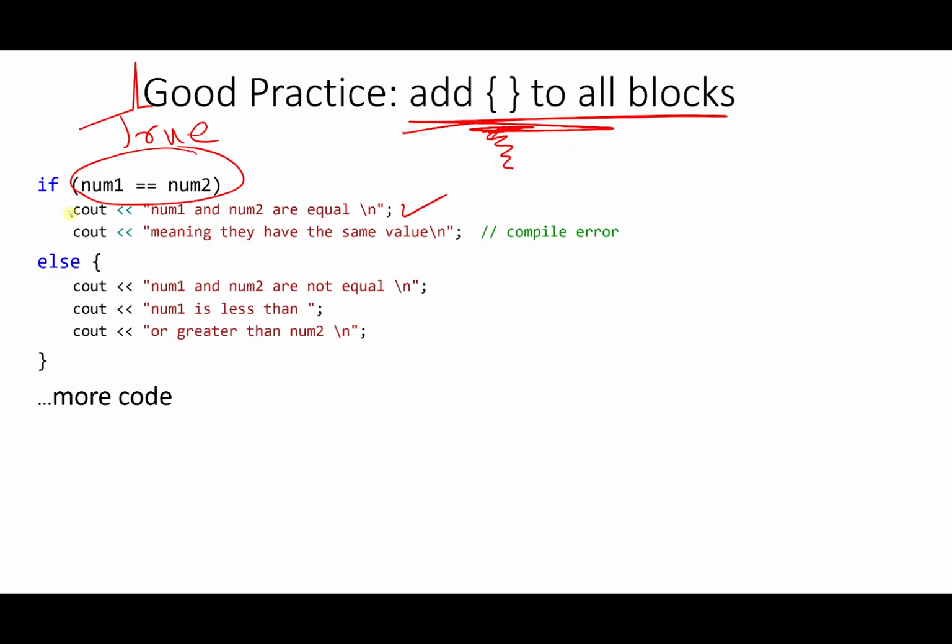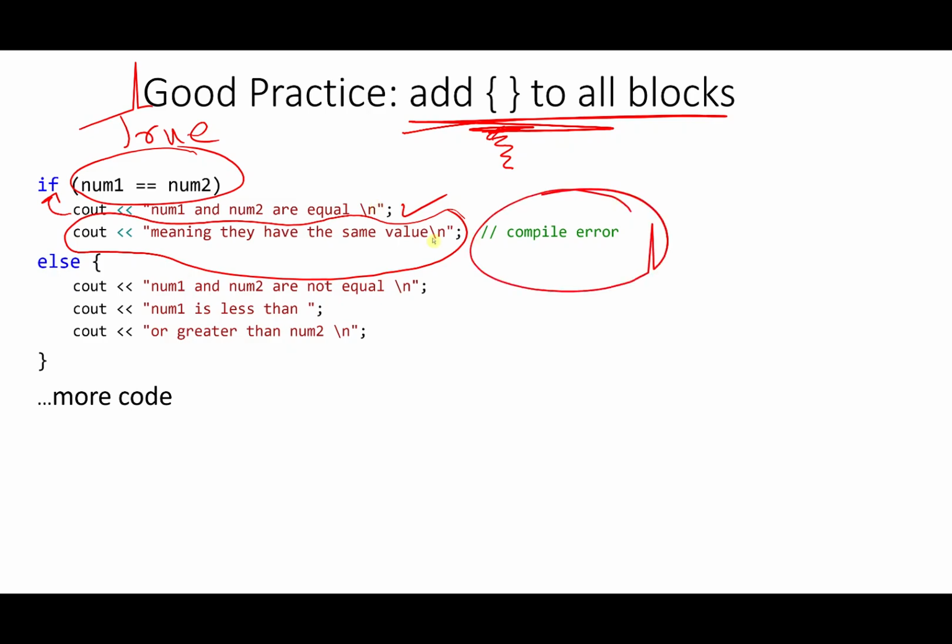Because this is the one that follows the true. This is a true block. But this line is hanging there, dangling, without any consideration of whether it's part of the block or not. So it's not part of the block. And the compilation error happens because it says, I have an else that does not belong to an if.